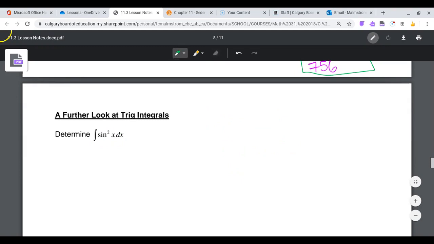Okay, so I'm going to go to my formula sheet because substitution's not working for me. I'm going to see that cos 2x is equal to cos squared x minus sine squared x. Now I want sine squared x. That's what I'm looking for.